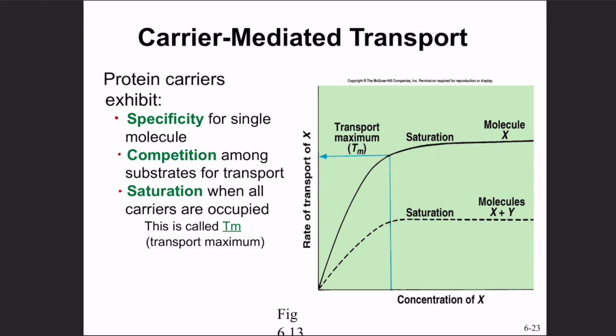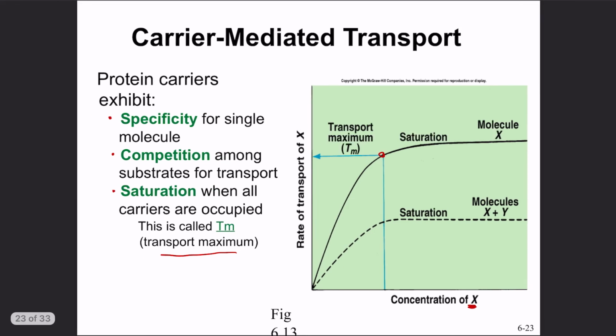When there is so much concentration of the substrate to be moved, the solute to be moved, that is when the rate of transport is at its highest, and so this is called the transport maximum.